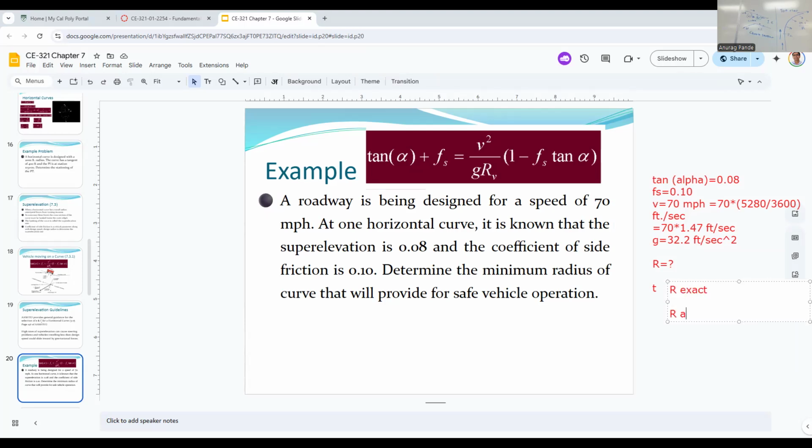And then I want to find R approximate. Hopefully. So tell me if you have the exact answer for R, anybody from this side.